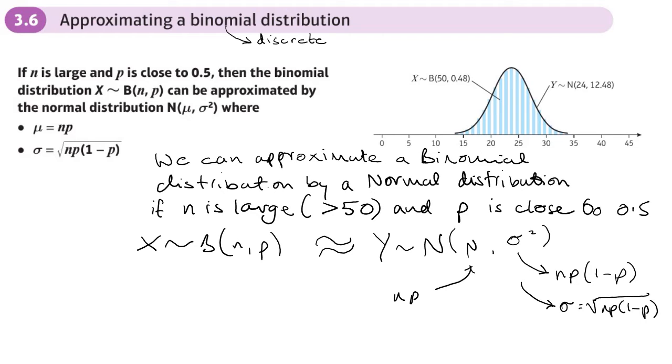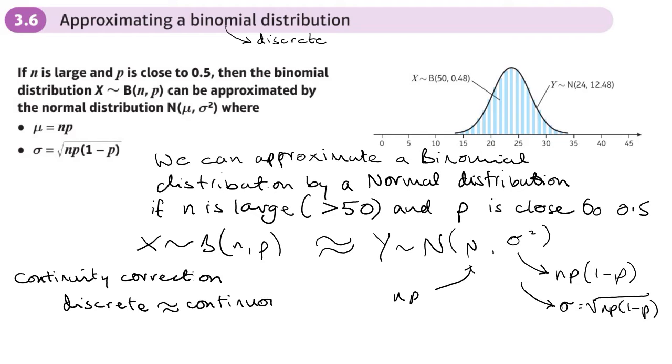There's one other thing, something called a continuity correction. That's basically to show that we're appreciating that even though we're doing this approximation, we're taking a discrete distribution and approximating it with a continuous distribution. That means when we have a particular value of x, less than or more than a particular value, we need to do a continuity correction.